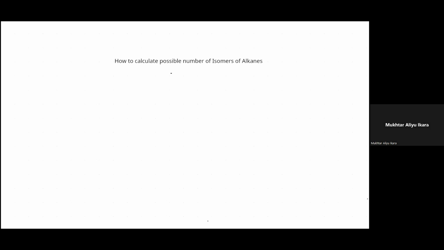Today we are going to look at how to calculate the possible number of isomers of alkane. Remember, the first member of alkane is methane, CH4. Then we have C2H6, which is ethane.